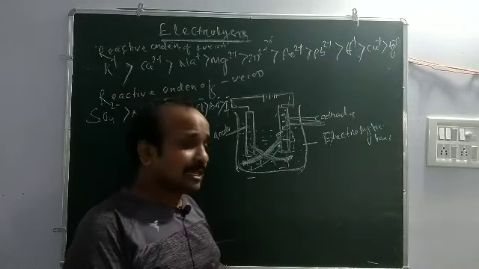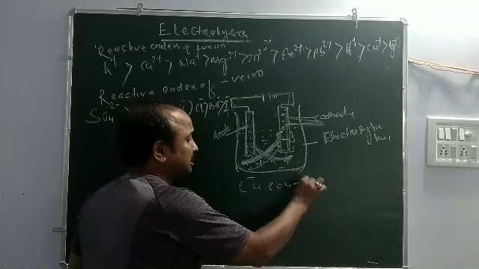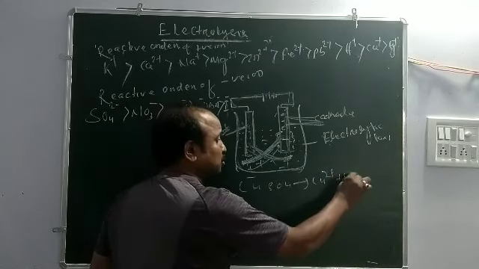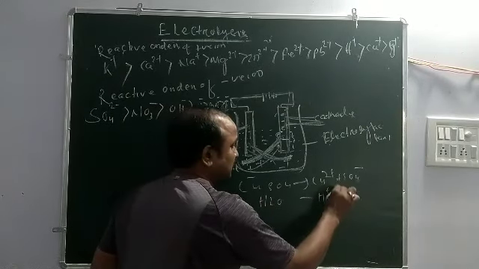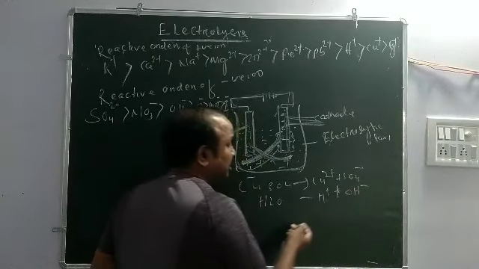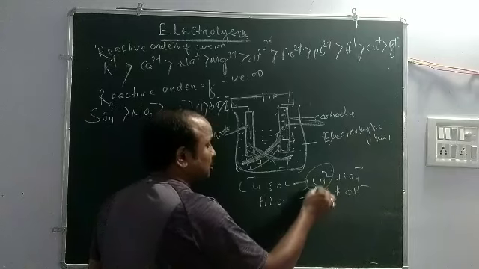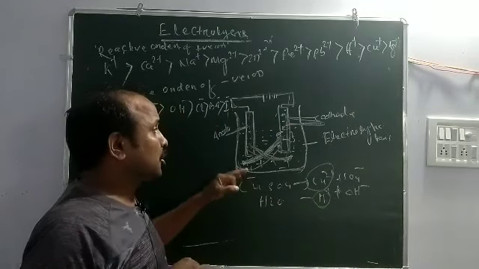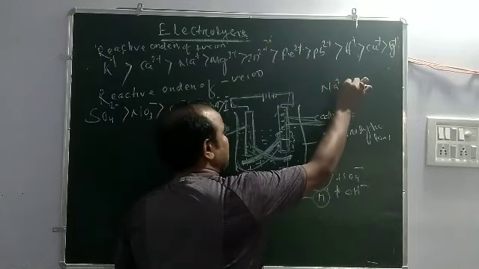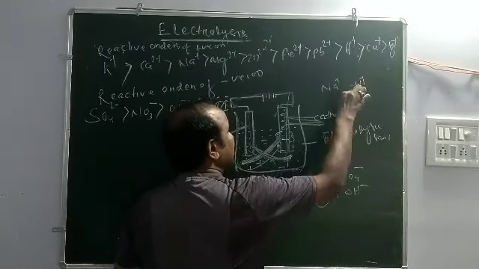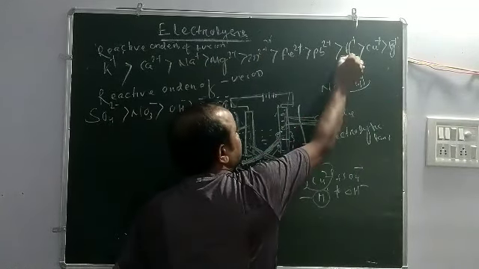In aqueous CuSO4, meaning Cu2+ and SO4 2-, in H2O it dissociates into H+ and OH-. Then out of Cu2+ and H+, which moves toward the cathode? In aqueous NaCl solution, out of Na+ and H+, H+ moves because Na+ is more reactive than H+.